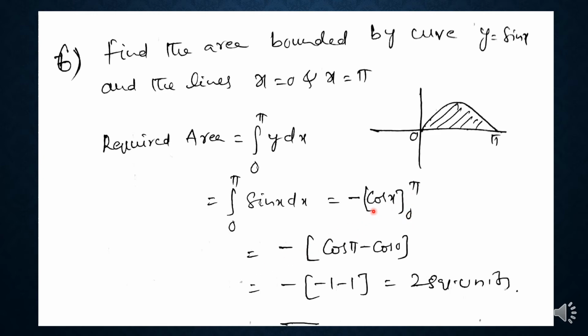By substituting the upper limit x is equal to pi, this can be written as minus of cos pi minus, now apply the lower limit x is equal to 0, that is cos 0. So here minus of minus 1 minus 1, that is minus of minus 2, that is 2 square units. So this is the area bounded by the curve y is equal to sin x and the lines x is equal to 0 and x is equal to pi.